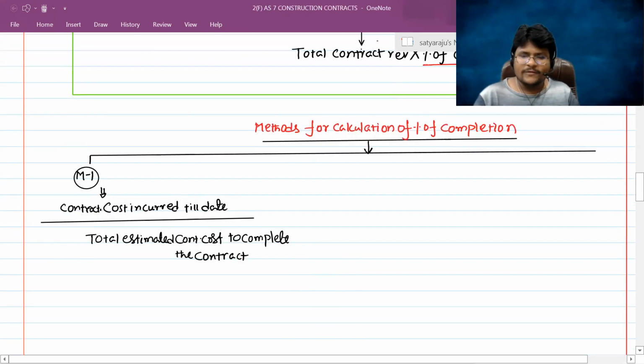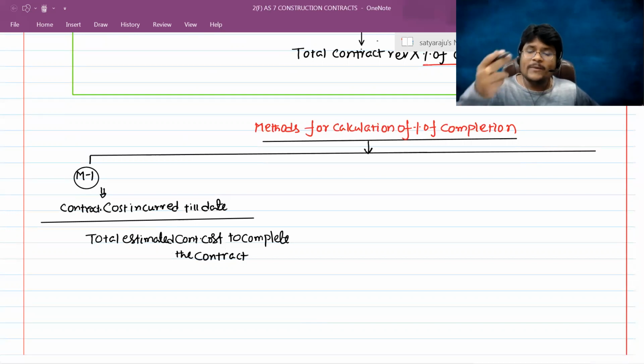So the percentage of completion is nothing but contract cost incurred till date, up to now how much contract cost incurred, divided by total estimated contract cost to complete the contract. Then you will get how much percentage of the work is completed.